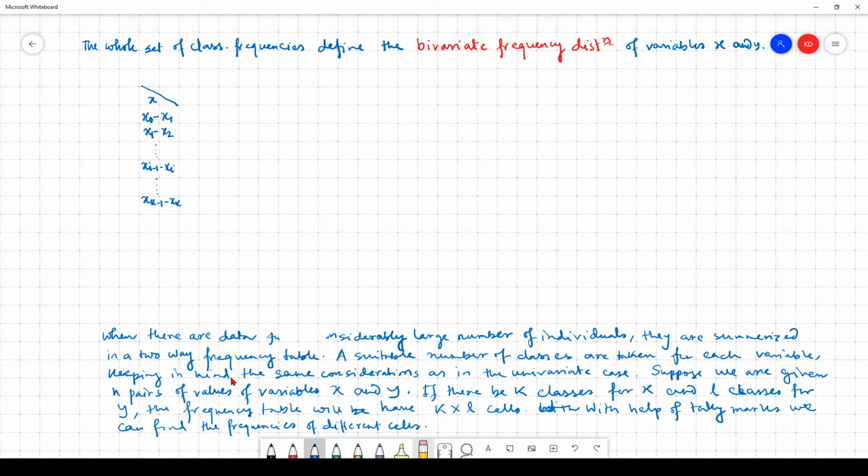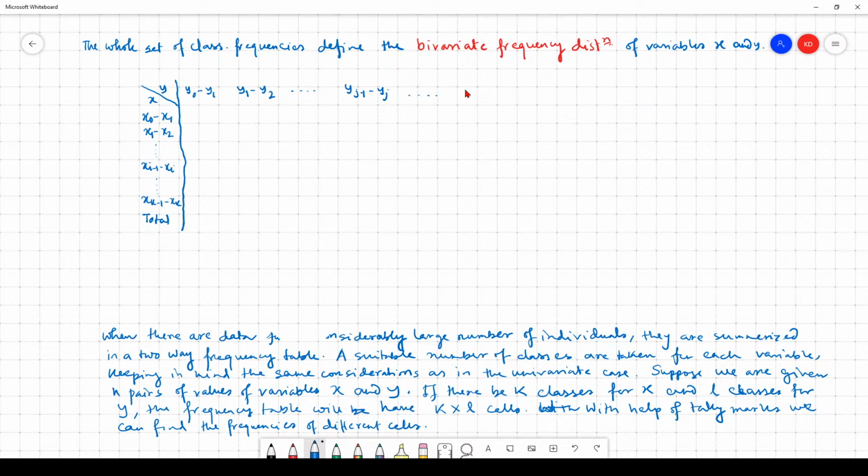This is the marginal total. For variable y, consider L classes: the first class is y0 to y1, the second class is y1 to y2, the jth class is yj minus 1 to yj, with lower limit yj minus 1 and upper limit yj.